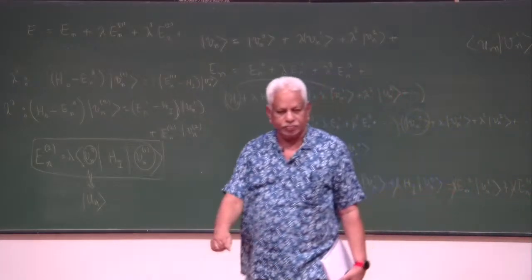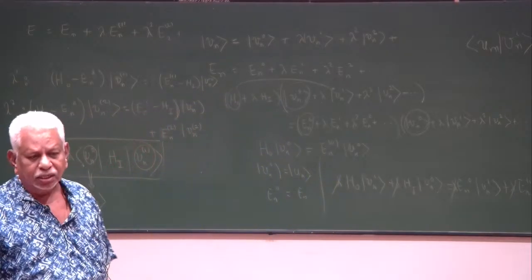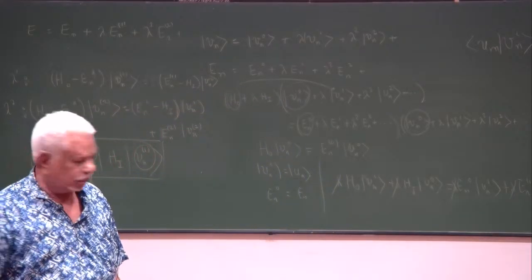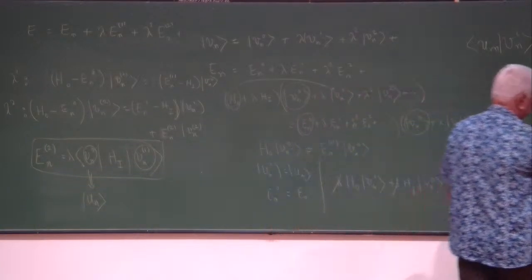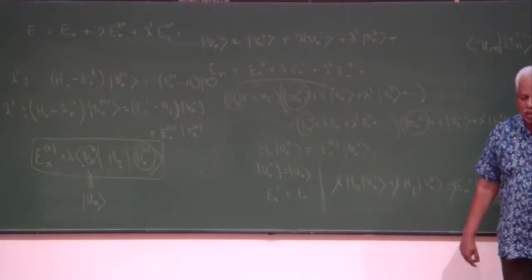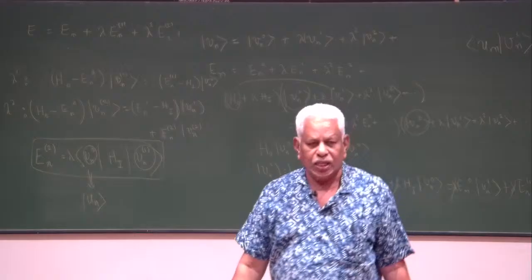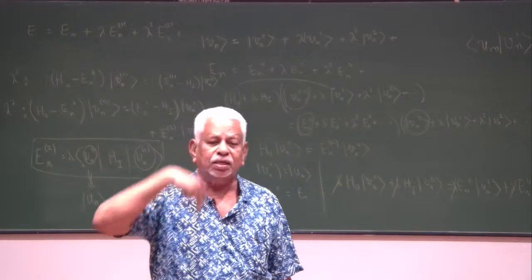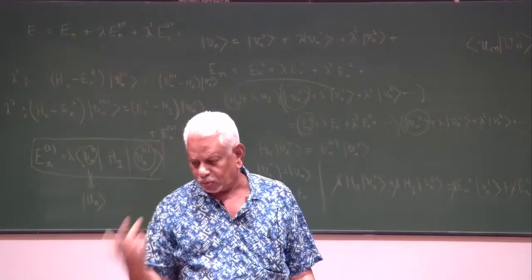That is the result. Now there is a negative sign which is interesting. For the ground state, the numerator is positive. The only question is Em minus En. If En is the ground state you are looking for, that is always less than the higher excited states, so that is also positive.